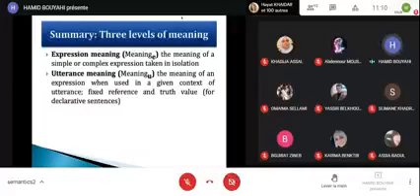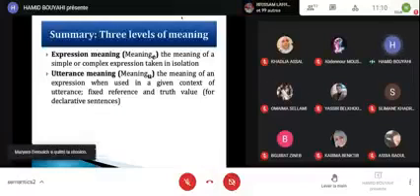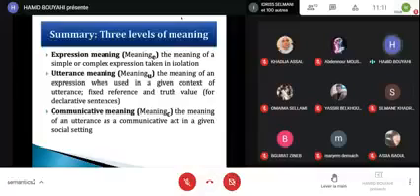Because if it is an interrogative sentence, if it is a question, you cannot really say if it is true or false, in a sense. Communicative meaning, the meaning of an utterance as a communicative act in a given social setting. So that's the third element that we have seen. So whether you are apologizing, agreeing, or whatever you are doing.